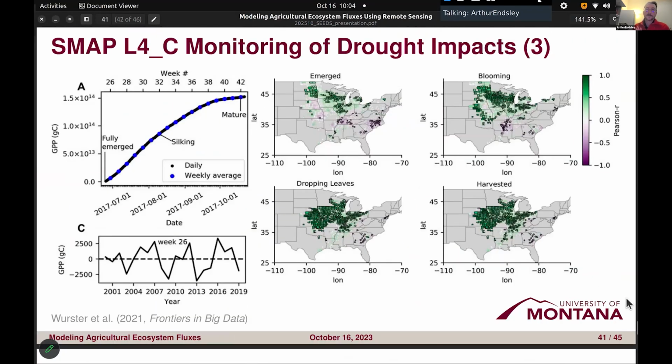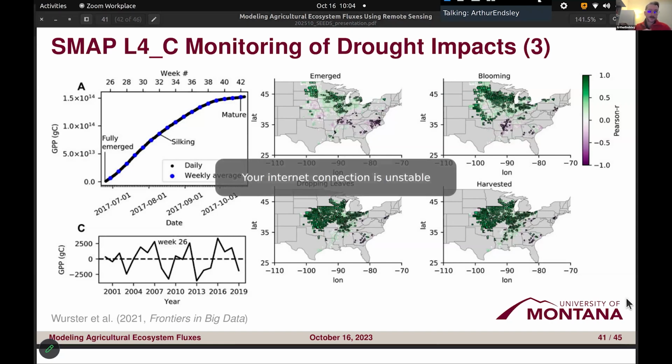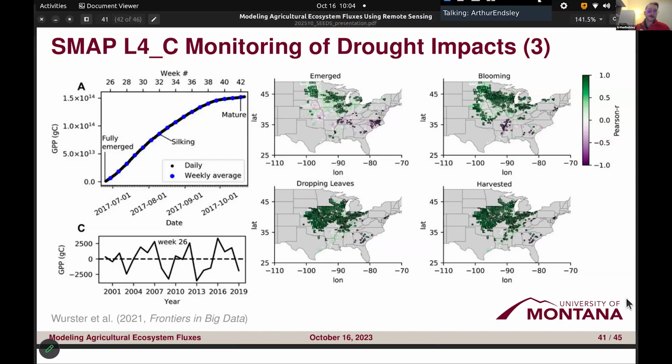Now, if we take that one step further, as one of the PhD students in my lab did a few years ago, we can actually start to estimate drought impacts on crops. What Patrick Worcester did in 2021 was to take GPP estimates from Level 4 carbon and compute a cumulative GPP climatology for, in this example, corn in the US Midwest.